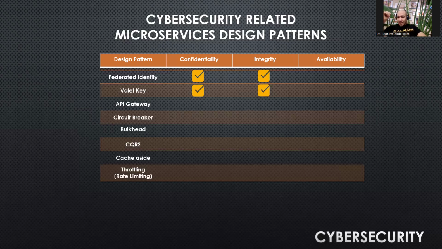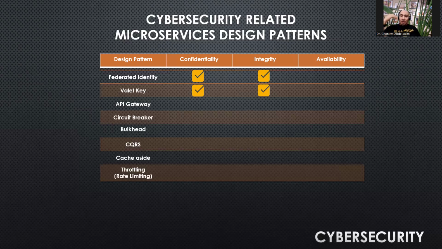And number 2, the valet key. Since you are applying the federated identity, you can also use a valet key for each API consumed by the front end, and each one has a valid token in order to be validated from the back end.